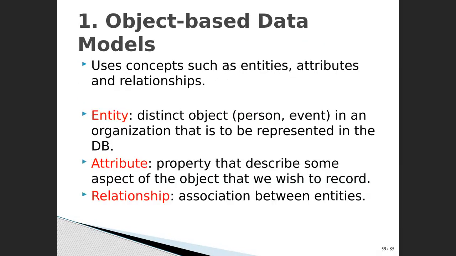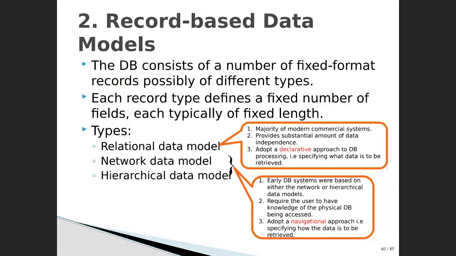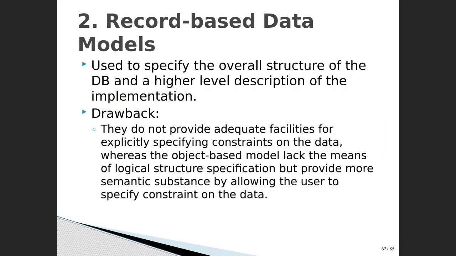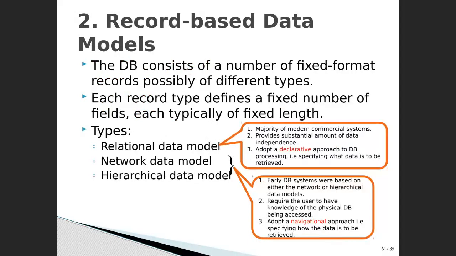Object-based includes entity, attribute, relationship, the ER diagram, semantic, functional, and object-oriented. Then record-based, which displays data as records, like relational, network, and hierarchical.